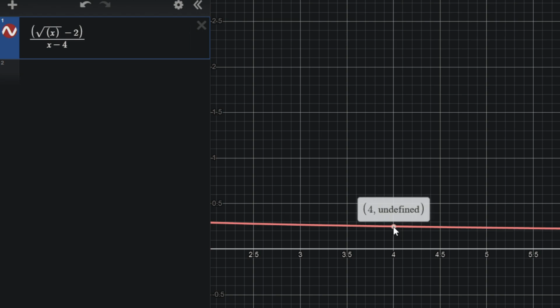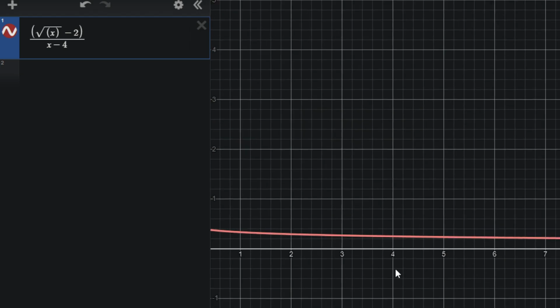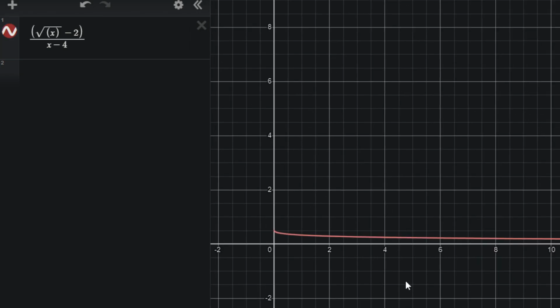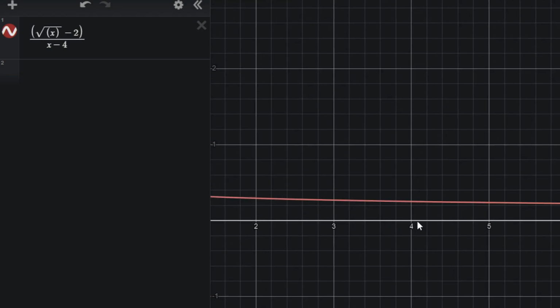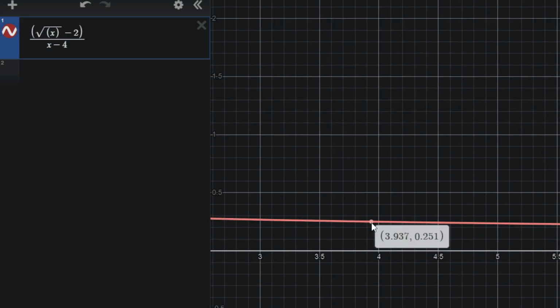Again, it's undefined at 4. But just look at the graph. If you zoom out, it looks like one continuous line, very blatantly passing right through that point. It doesn't look like there's any bump in the road at all. It's only when we zoom in on that exact point that we see that it is undefined there.